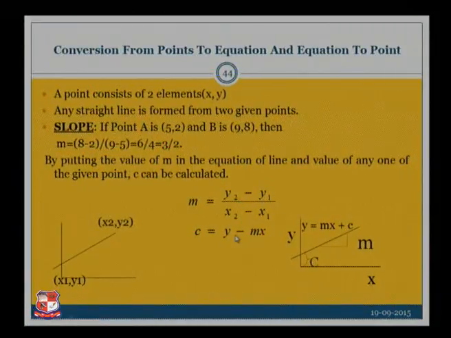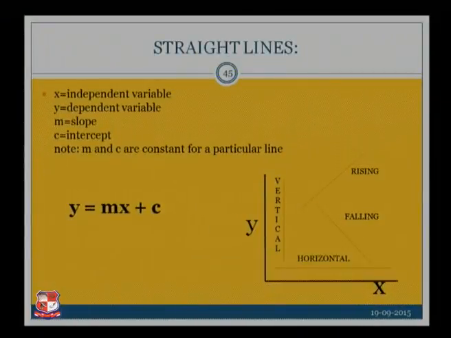Because we have to draw many lines like that frequently, and the formula I have given here is y2 minus y1 by x2 minus x1, and c is equal to y minus m x. So, these are the things. X is the independent variable, y is the dependent variable, m is the slope, c is the intercept, and m and c are constant for a particular line.